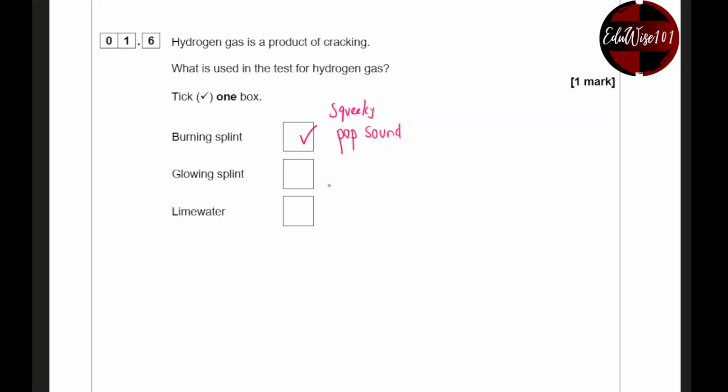A glowing splint is generally for oxygen, and lime water is used to test carbon dioxide.